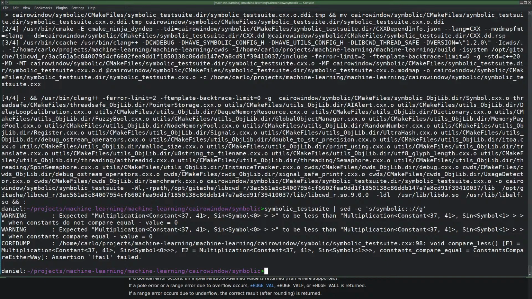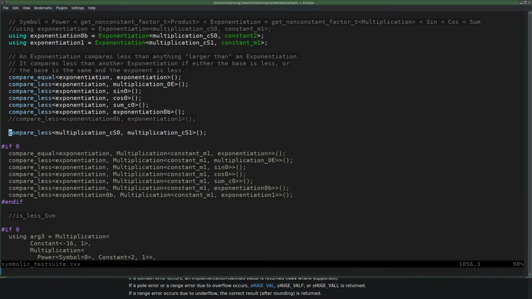Indeed. Expected multiplication. So this is a multiplication of a constant with a sign to be less than a multiplication of a constant with another sign. Yeah, that could be because the sign is not comparing correctly. Guess I should test that first. Otherwise I don't know what I'm looking for.